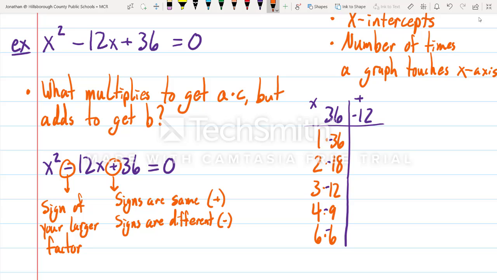Think of how multiplication works. If the sign is negative and I make both of these factors negative, that's going to make a positive. So let's see what we have here. I need to make sure these signs are the same according to my plus sign, but also, like I said, you don't need this information because if you look at these factors, the only ones that could possibly get 12 are 6 and 6. And for them to make negative 12, they have to both be negative.